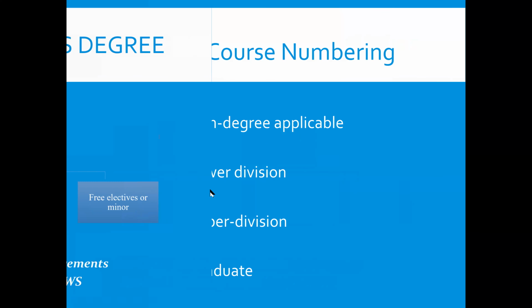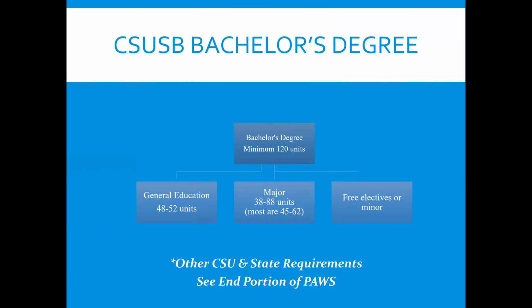As a semester student, you're looking into 120 units. That is the goal in order to receive your degree, which is composed of general education area, anything between 48 to 52 units, your major, 38 to 88, and any free electives or a minor if you choose to enroll in one.